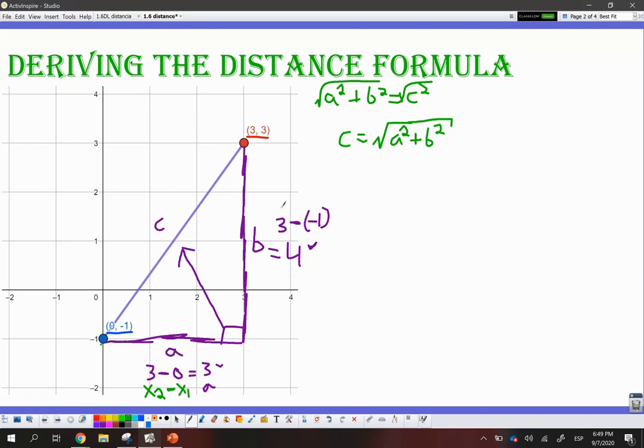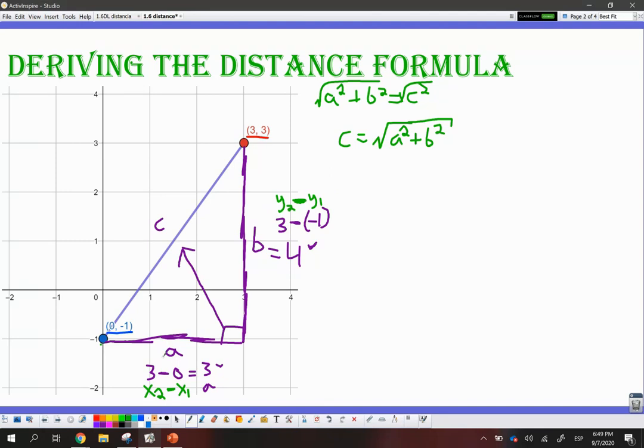And for my y's, I'll do something similar. I'll have y2 minus y1. And this is exactly the same thing we did with the slopes, right? To find those horizontal and vertical distances, we subtract x2 minus x1 and y2 minus y1.